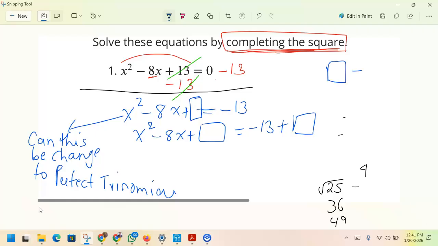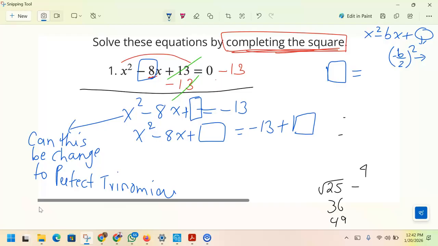That part is always take the coefficient of x, that is the middle number. If you have x squared minus bx, and you want to know what goes here to make it a perfect square, the formula is b over 2, and you just square and you get the answer. Now in this example, b is minus 8 here.